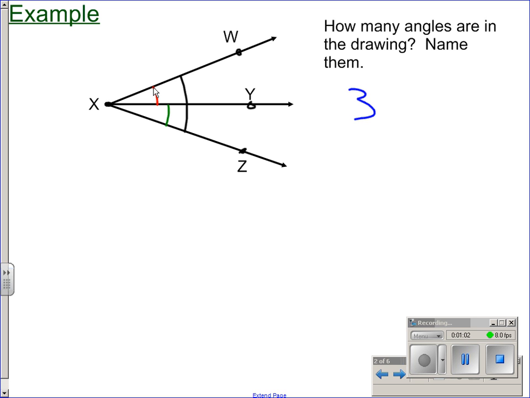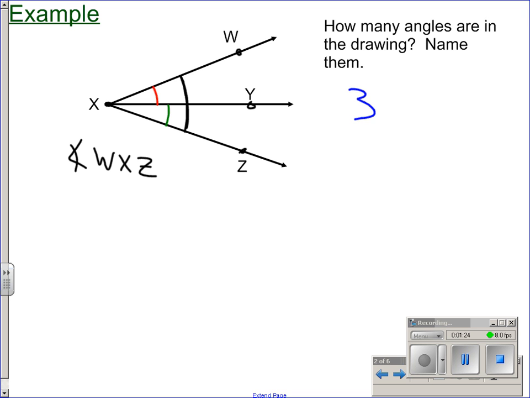To name them, I already said them, but we're going to write them down. So when you name an angle, you use that angle symbol, and you just work your way around the picture. So just to keep them color coordinated, using the black pen, that was this big angle here, WXZ.